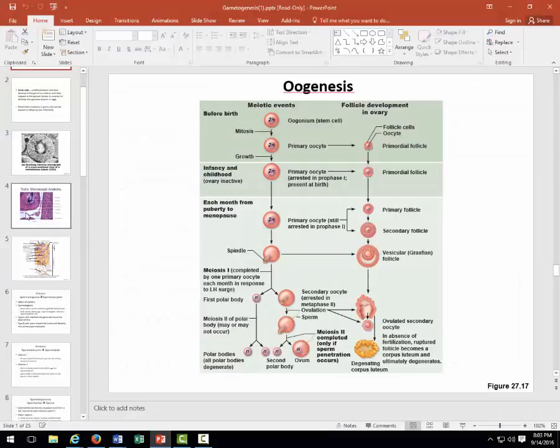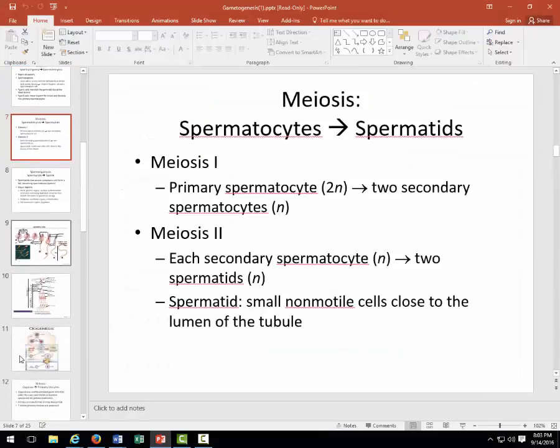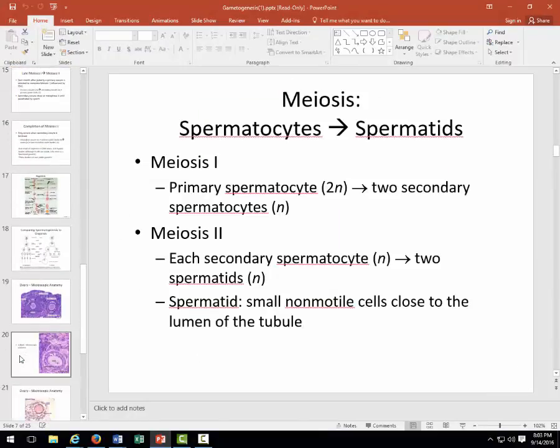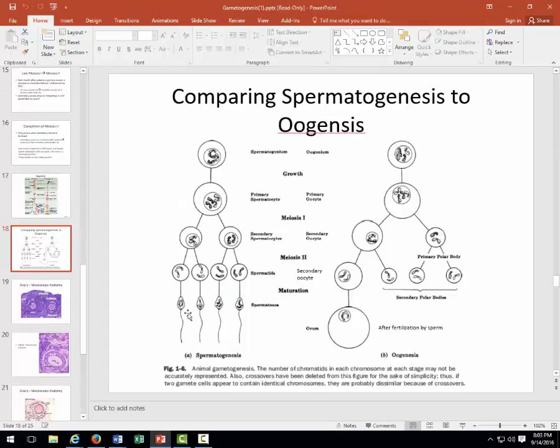Okay, so going back then, comparing the two processes, spermatogenesis and oogenesis. In spermatogenesis, we have four sperm cells, and through meiosis 1 and 2, there's some genetic variation that occurred, right? Synapsis, crossing over, independent assortment. We still have 4 cells in oogenesis, but really only one egg.